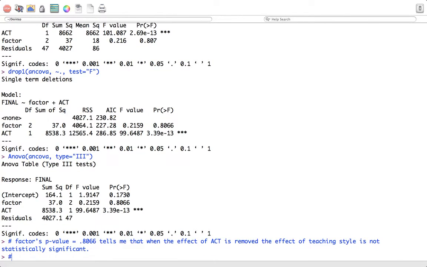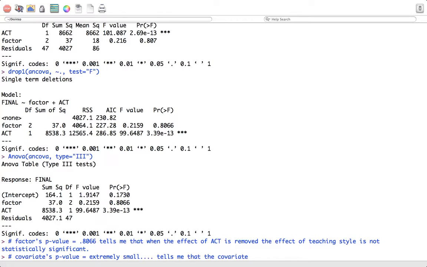All right, more interesting, the covariate's p-value, which is extremely small, tells me that the covariate, all right, having a hard time typing here, guys.